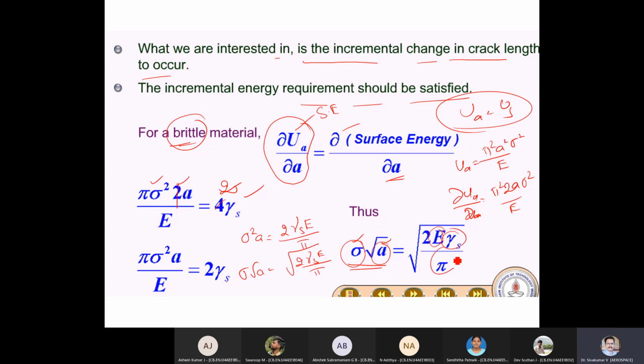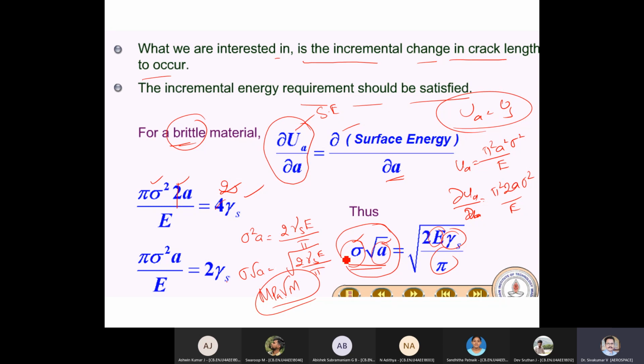All the constants you take on the right side. Once you multiply everything here, you will get this. So what is the unit of this σ? MPa, and this is meter. So the unit is MPa root meter.